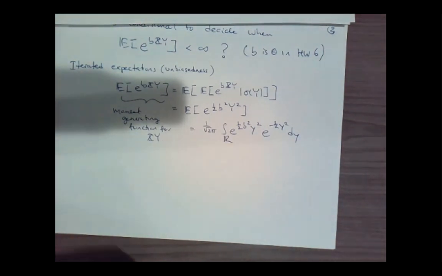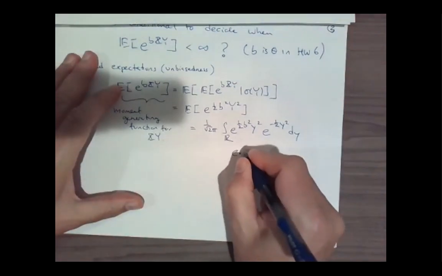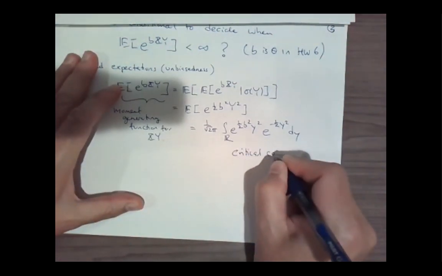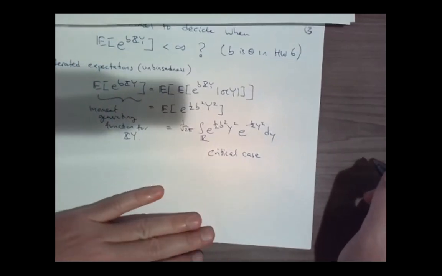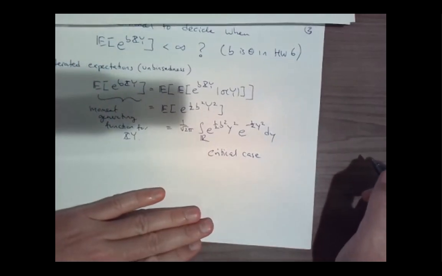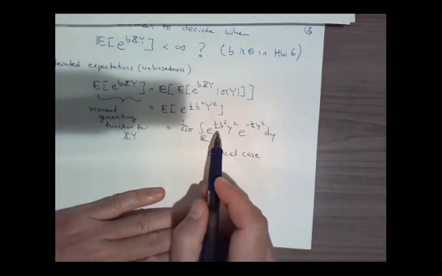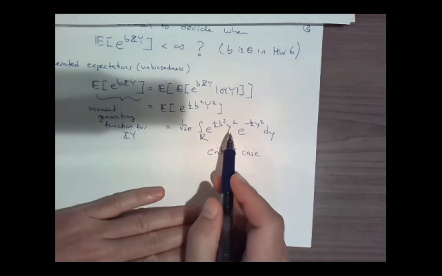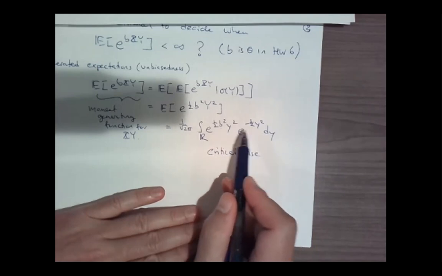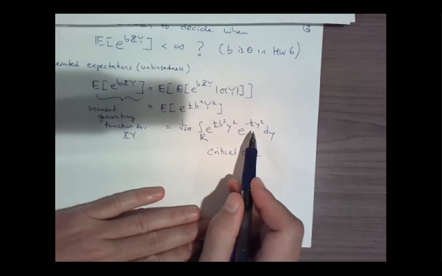Well, very often there's a critical case. What's the critical case? Wasn't it like -1 in the homework? I don't think you've seen this. Have you seen this problem here in the homework yet?